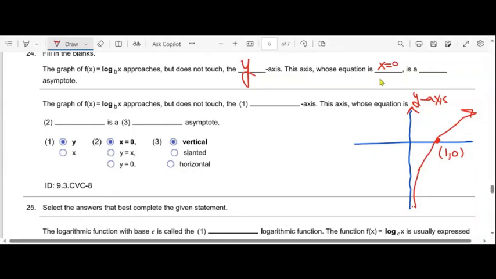It is like a vertical, what? Vertical asymptote. What does asymptote mean? It means it comes closer to the y-axis but never touches it.